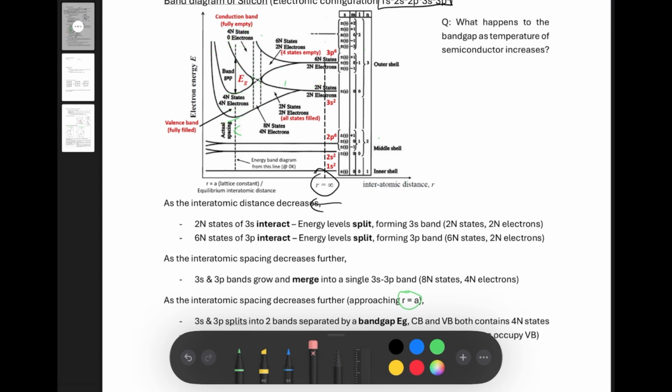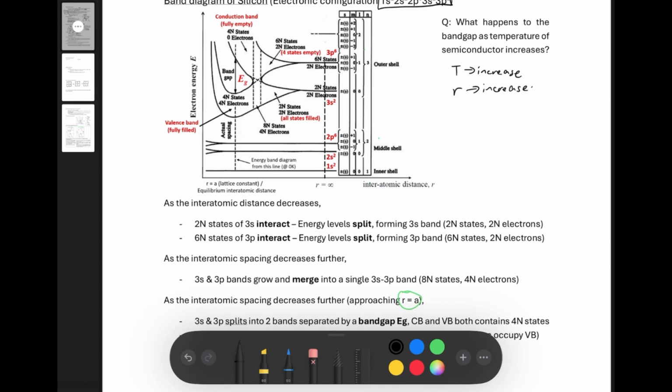So now we have a question. What happens to the band gap of a semiconductor when the temperature of the semiconductor increases? Let's examine this. As the temperature increases, there are more vibrations in the lattice, so the equilibrium interatomic distance also increases.